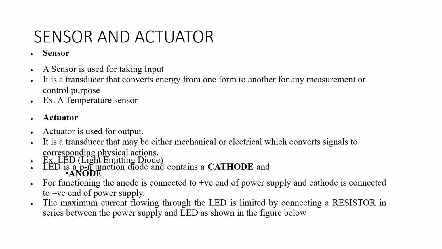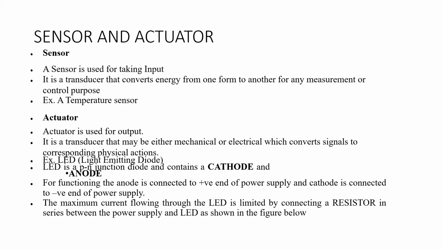Next, this is about the next topic, sensors and actuators. Sensors, everyone knows, nowadays every device has a sensor. A sensor is used for taking input. It is a transducer that converts energy from one form to another for any measurement or control purpose. For example, a temperature sensor. Sensors are everywhere.